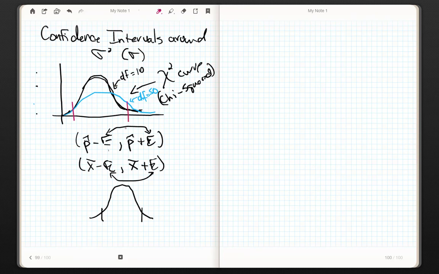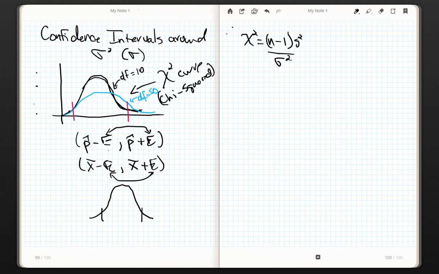All right, I'm going to show you how to do this, and we'll do it almost exclusively from the chart. Now, before we do that, I know that I run a risk of confusing you here, but we're going to use just the formula first and foremost. I'm going to give you the chi-squared formula. So chi-squared is equal to n minus 1 times the sample standard deviation squared divided by sigma squared.